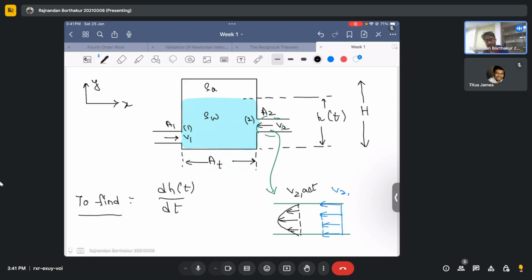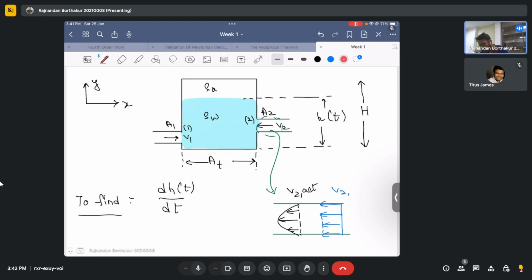So let's just begin. The very first step for using the Reynolds transport theorem is the choice of something which we call a control volume. We'll begin by first drawing the control volume. The control volume is just a fixed space that we are looking at in what is known as the Eulerian approach.